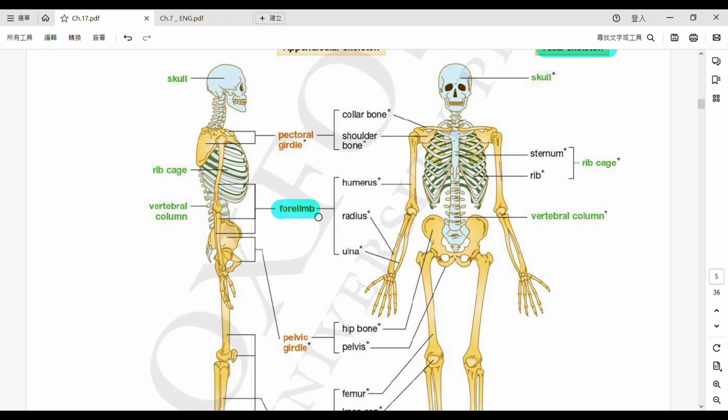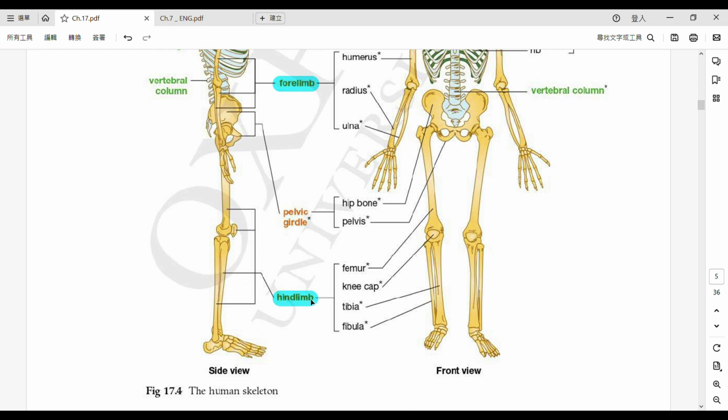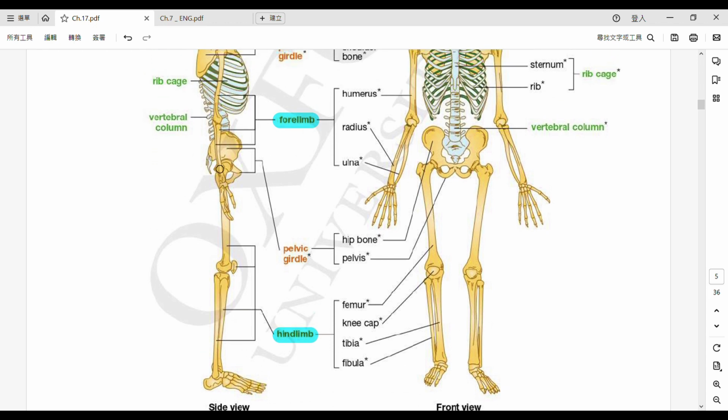So forelimb and hind limb, they are very easy to understand. I won't talk about them. Okay. So forelimb means the hand, hind limb means the leg. Alright, easy.